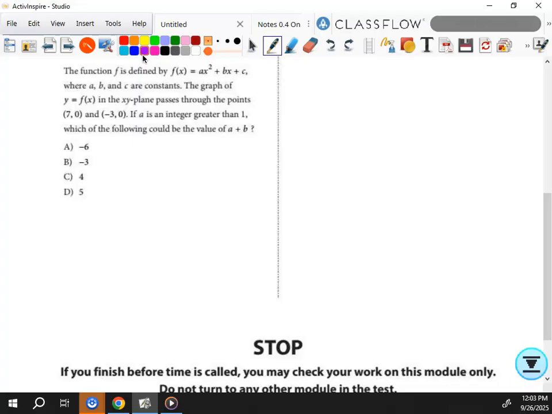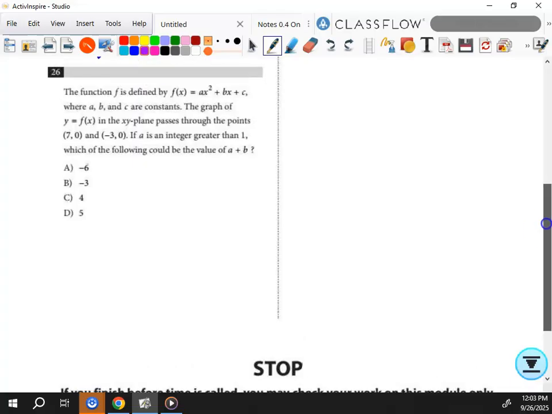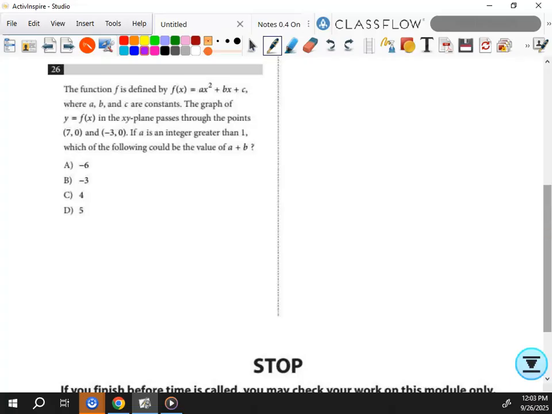I see white and green. I don't know what number is that. 26. Oh, what time do I get out of here? I don't even know what time we get out. Fifth period, 12:15. Okay.